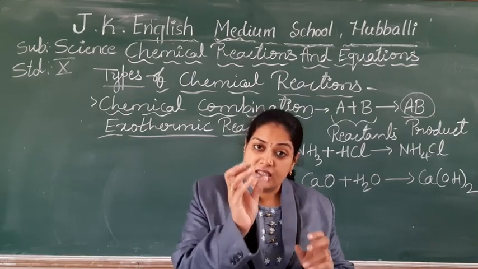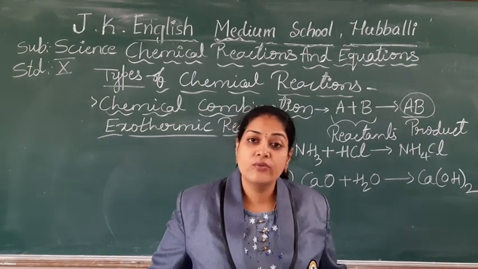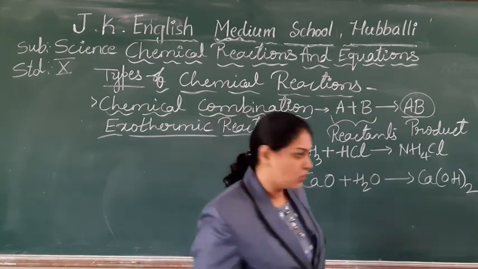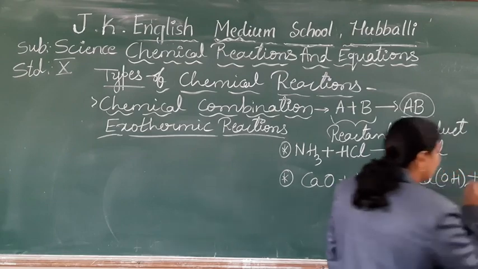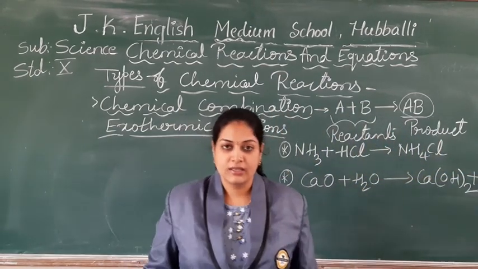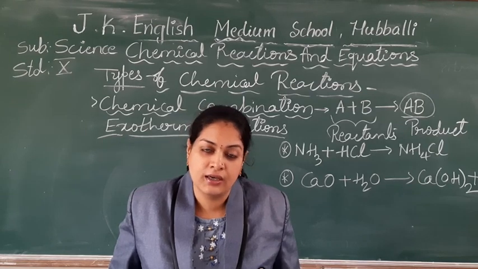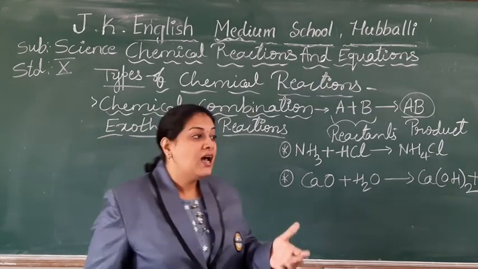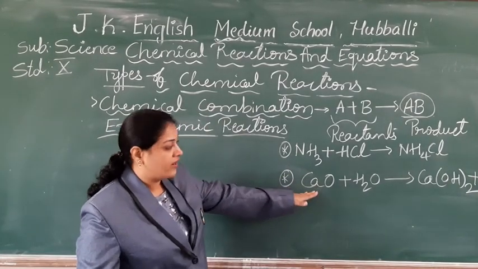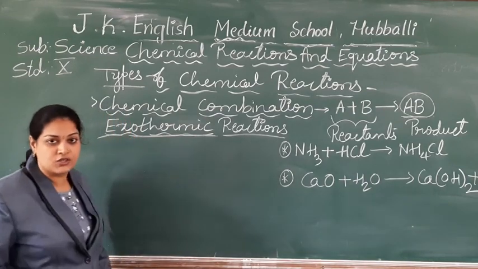But if you touch that test tube, you will feel hot. Why are you feeling hot? Hot because there is a liberation of heat from the reaction. That is why you feel the test tube hot, and this type of reaction is called an exothermic reaction.